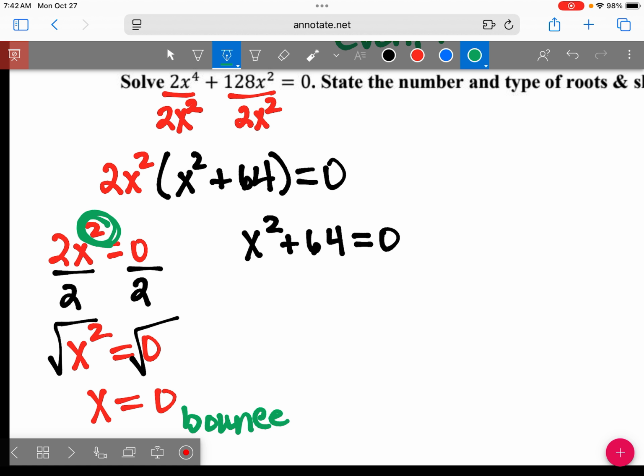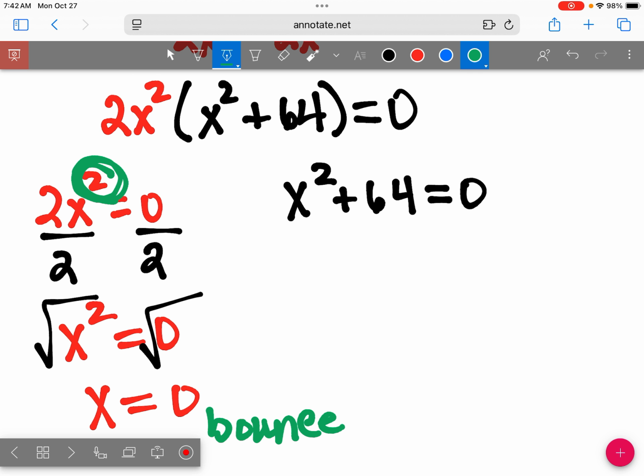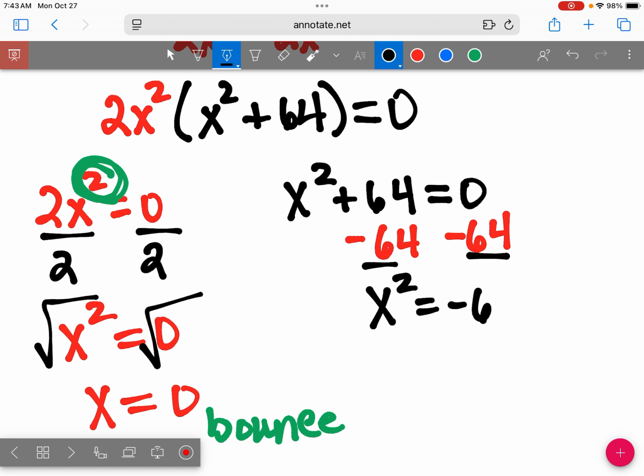All right, for the second one, what would be my first step, Johan? What would I do first to solve this equation? Subtract the 64. And then I'm going to take the square root. Anytime you take the square root of a negative, you have to break it apart.